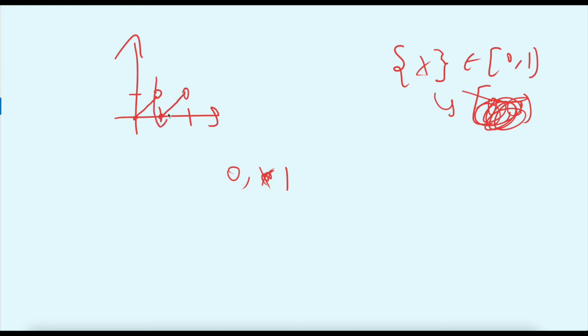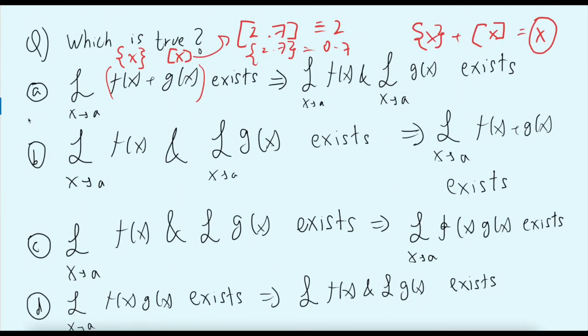So the limit as x tends to 1 for the fractional part of x does not exist, and for the floor function it just goes like this. It keeps on continuing like this, so even this limit does not exist. So we can say that this is not the correct answer.